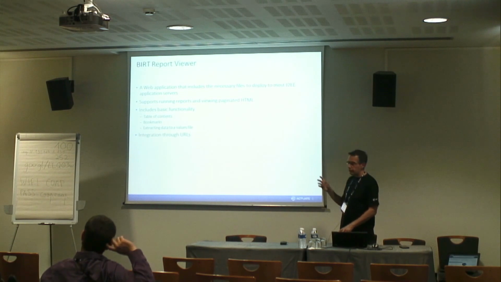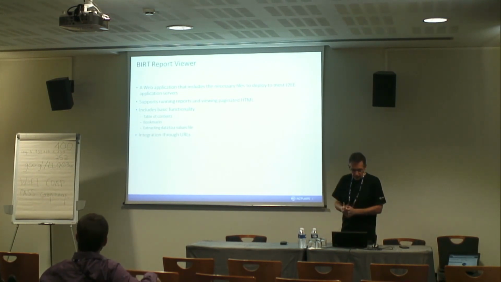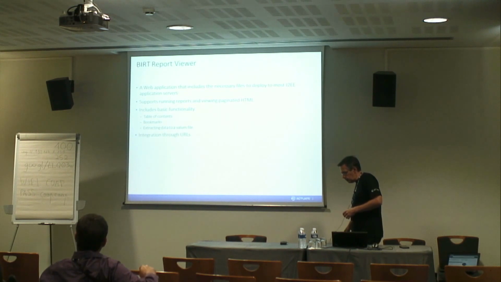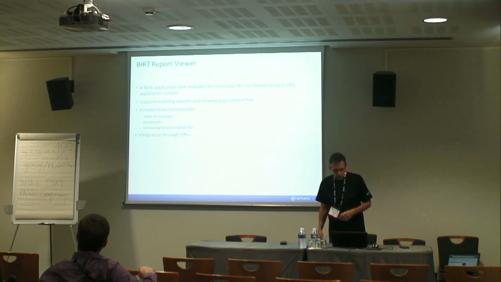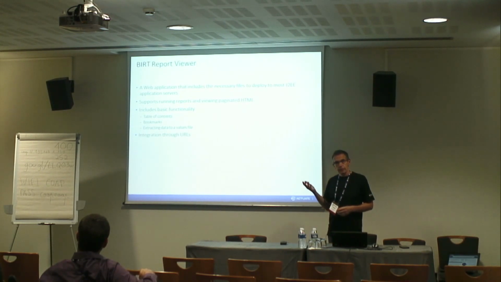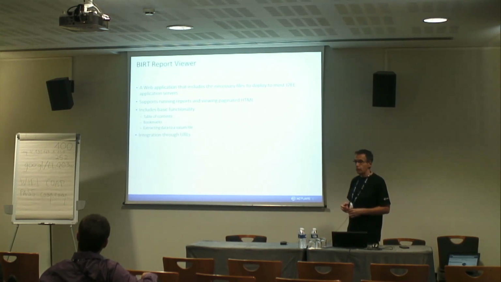I'll review very quickly the different viewing experiences of a BIRT report. Now I'm going back to open source. When you download the BIRT engine, it contains a BIRT report viewer. The BIRT report viewer is the same one as I was showing you when I ran the report in the BIRT Designer.